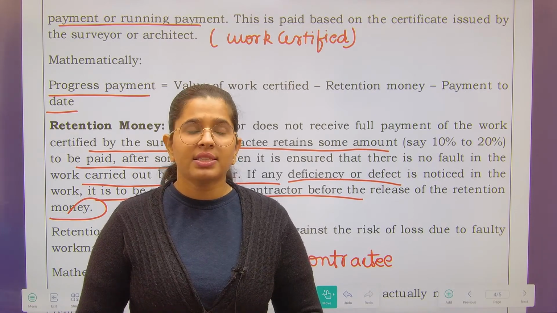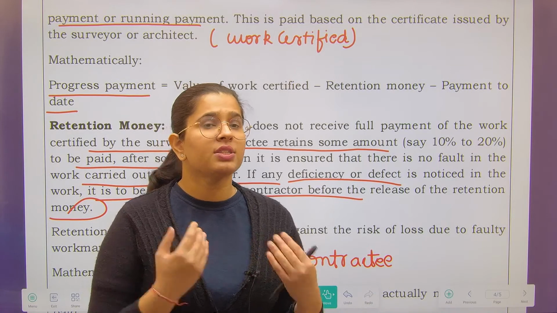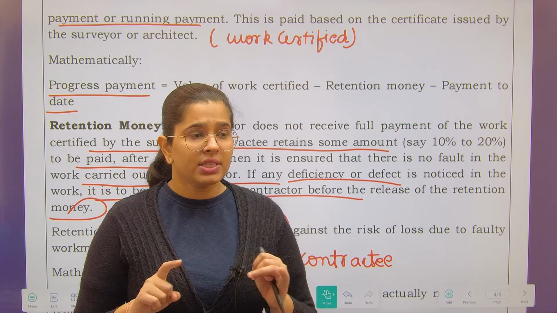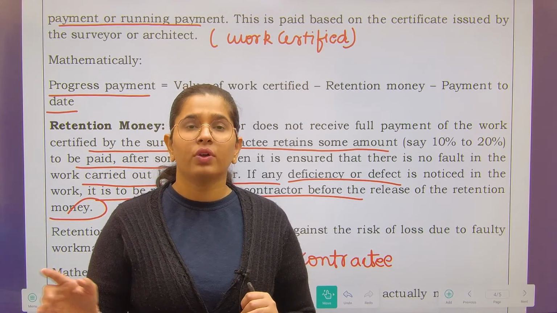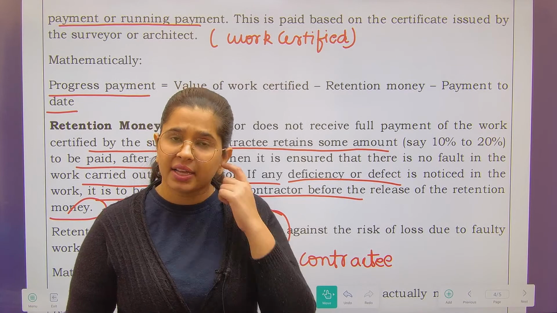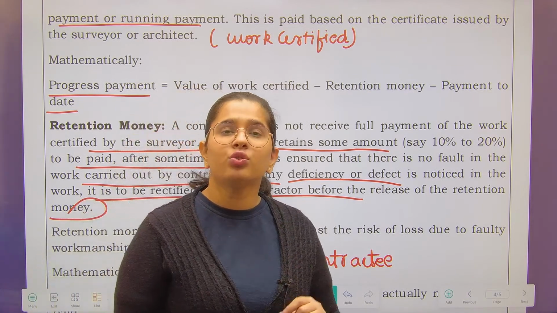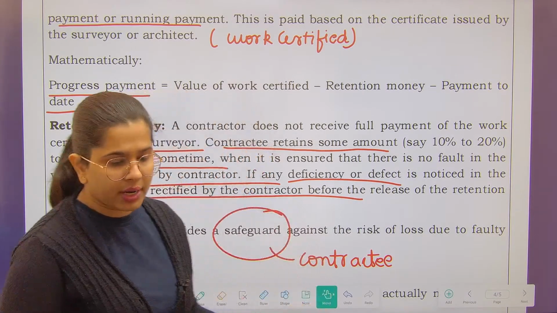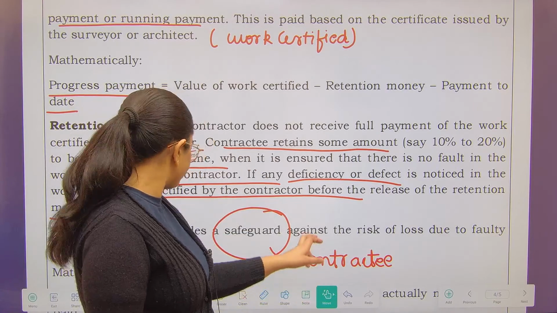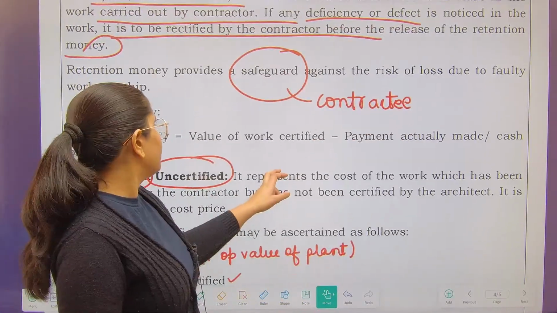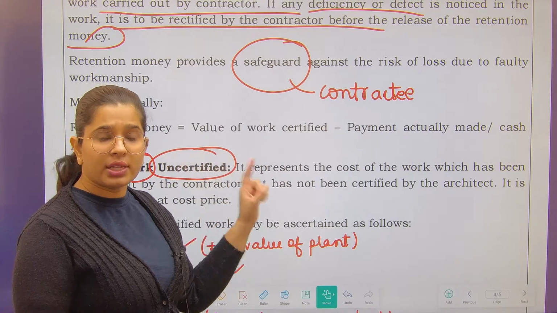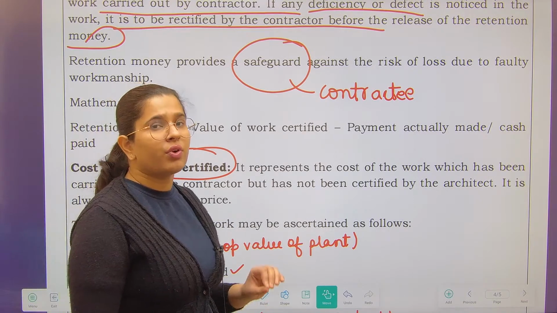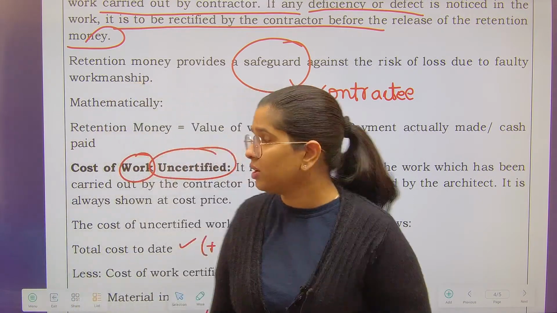Everyone waits: you have performed the work, now let us check it. If any defects come up, you complete and remove those defects, and once you do that, then we will give you the retention money. So in progress payments as well as cash receipts, in both these scenarios, it is very important to understand the role of retention money.